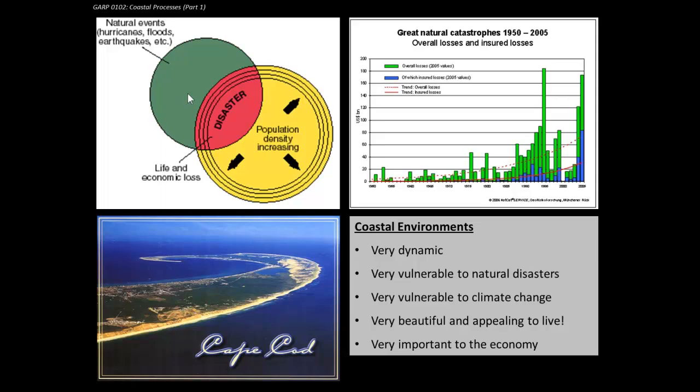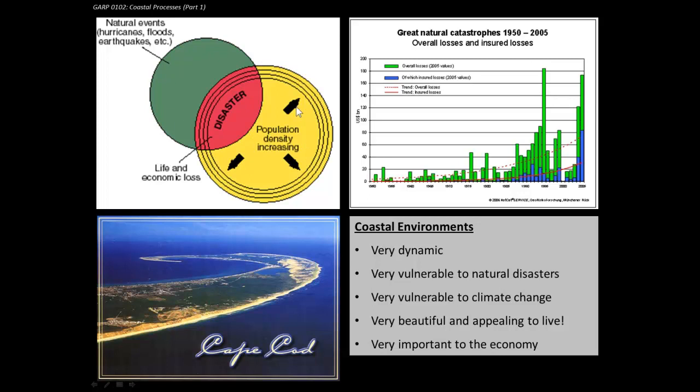So coastal environments in general, very dynamic places, very vulnerable to natural disasters, very vulnerable to climate change, because of sea level rise, and then also very beautiful and appealing to live in. And that might be the bigger problem. If you think about two intersecting circles, you have maybe here natural events such as hurricanes, floods, earthquakes, tsunamis.